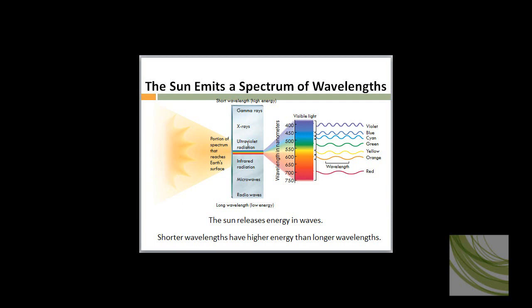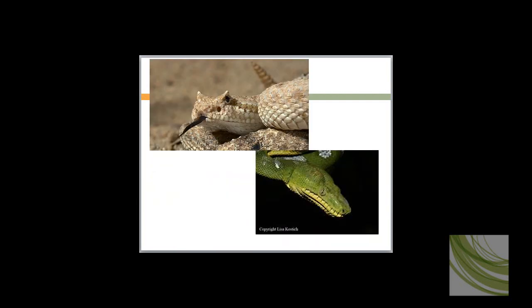Now, we have ultraviolet and infrared radiation. We can't see that, but some animals can. Here's an example. This is a sidewinder rattlesnake, and this is an emerald tree boa. And this little pit right there is a heat sensing pit. It can see and sense things in the infrared spectrum, as can these little pits in the lips of this boa.